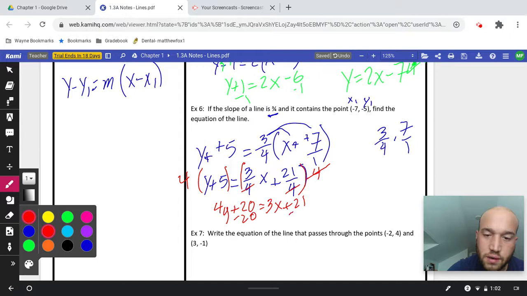Subtract the 20 there. And we have 4y equals 3x plus 1. Divide by 4. We have to divide both of those. And we are left with y equals 3/4 x plus 1/4.